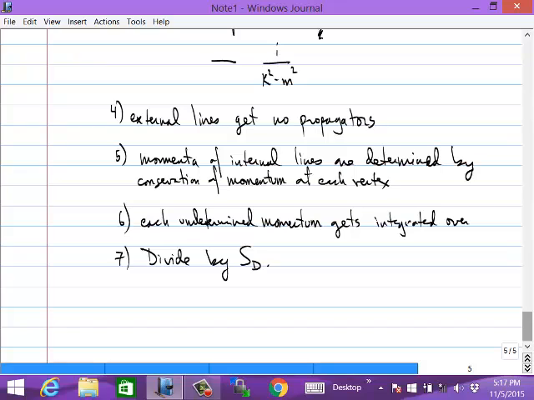There's a couple of little subtleties associated with that. But essentially the basic tool that you want in order to compute scattering amplitudes in quantum field theory is now determined.